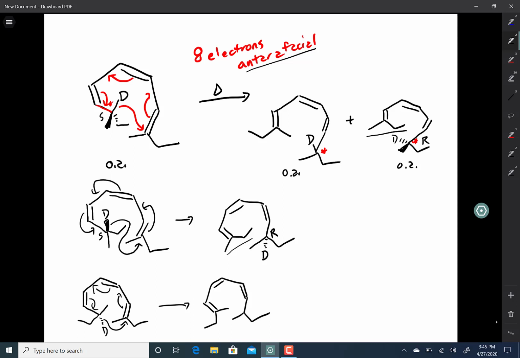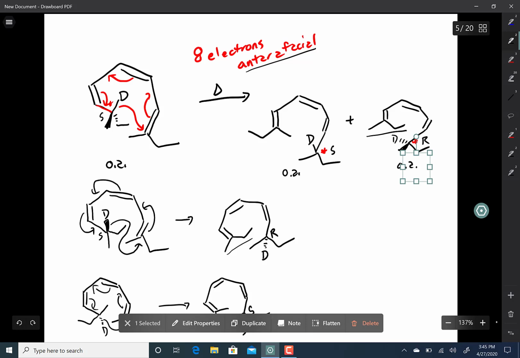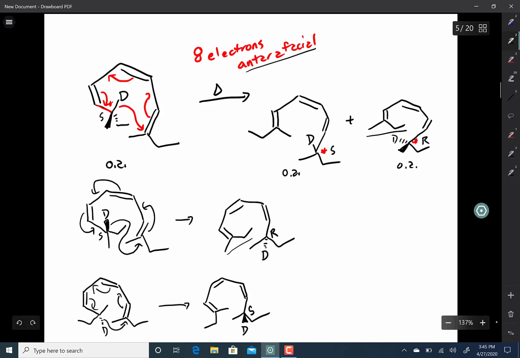But since it started out as a dash, that deuterium now is a wedge. It started on the bottom, so therefore it ends up on the top. And this is an S chiral center. So therefore, this is going to be an S chiral center. That deuterium would be a wedge.